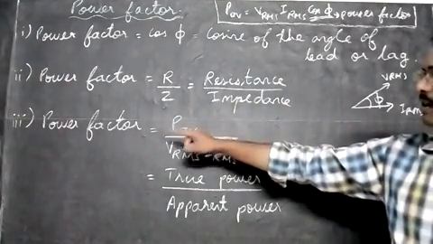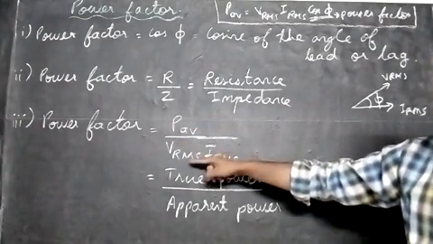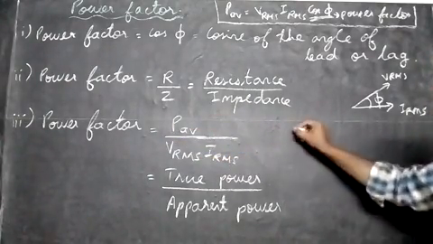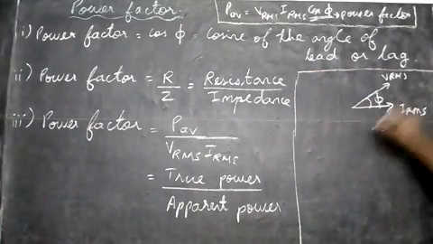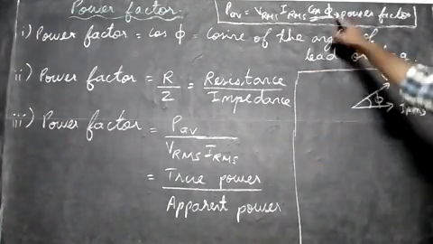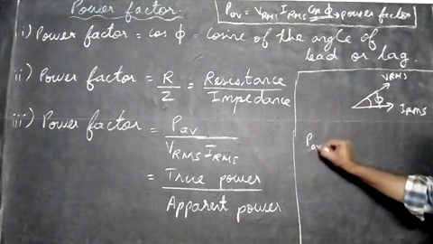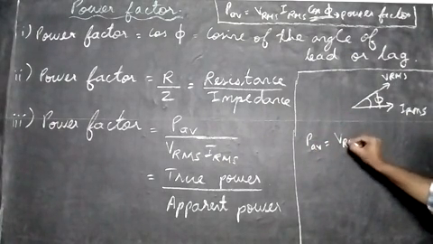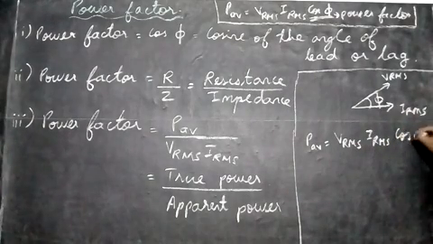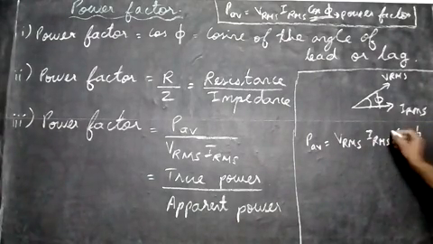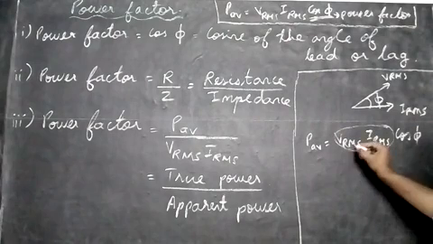Next, third one, power factor is equal to P average by VRMS into IRMS. How does this formula come? We'll take this equation here: P average is equal to VRMS into IRMS into cos phi. You must get cos phi only, so you take VRMS and IRMS down.